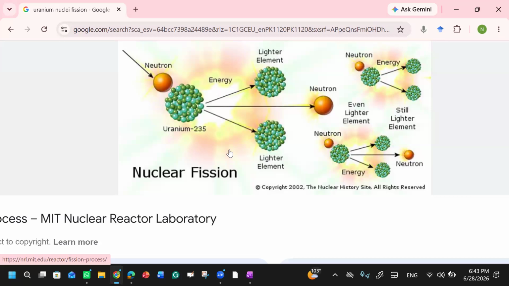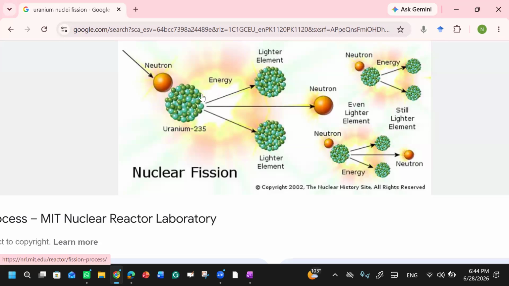If I say radioisotope, it means I am talking about unstable isotopes, which emit some kind of radiation. From where will they emit radiation? From their nucleus. The nucleus splits.